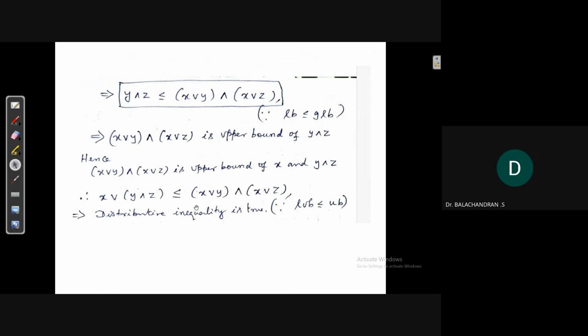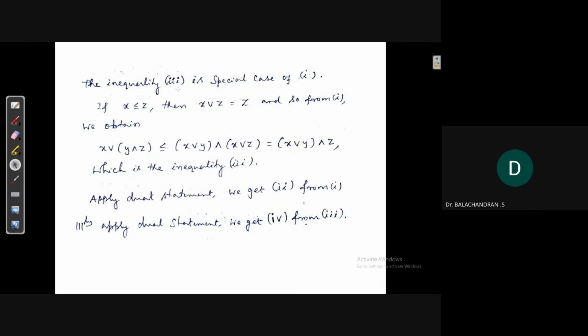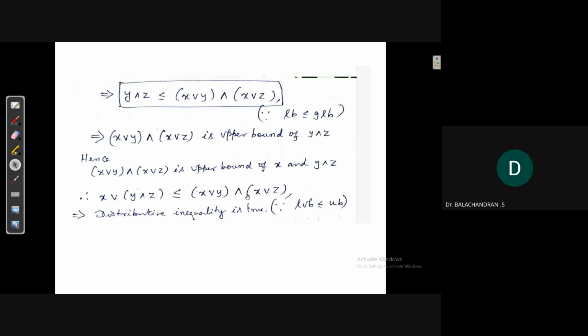Again I'll explain here. The inequality 3 is a special case of inequality 1. In inequality 3, it is given that if x is less than or equal to z, then x or z means the bigger one will come, and the bigger one is z. So from 1, x or y and z is less than or equal to x or y and x or z.